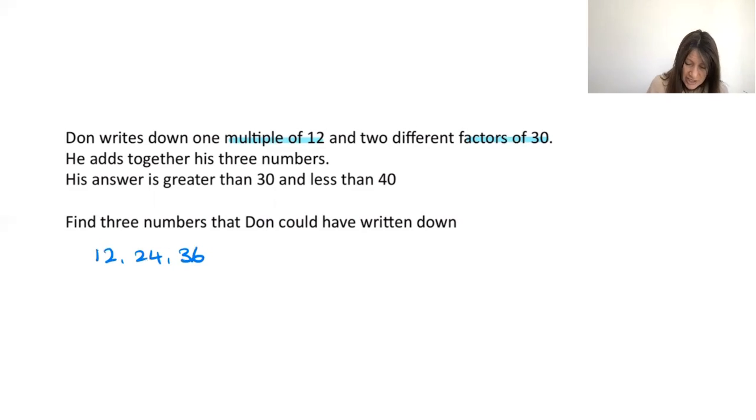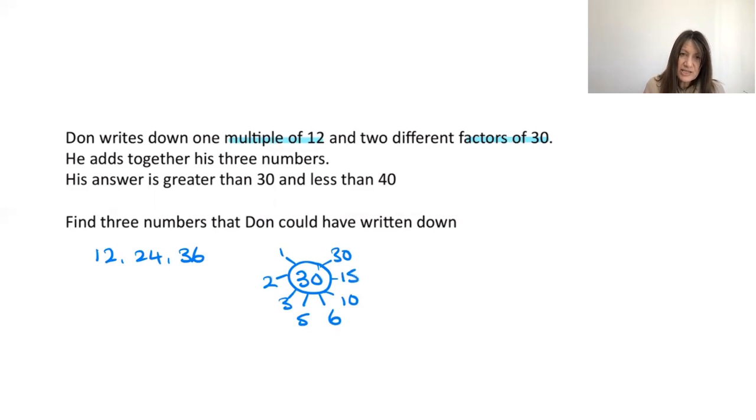The factors of 30 would be my next job. So I've got 1 and 30, 2 and 15, 3 and 10, and 5 and 6. And then it's just a case of playing with those numbers, finding a set that actually works.